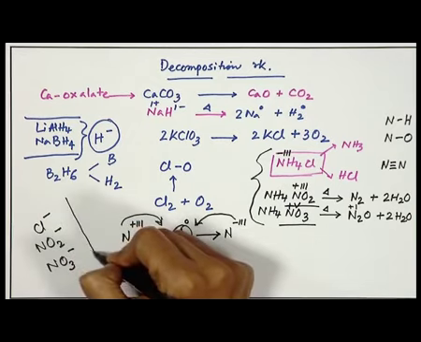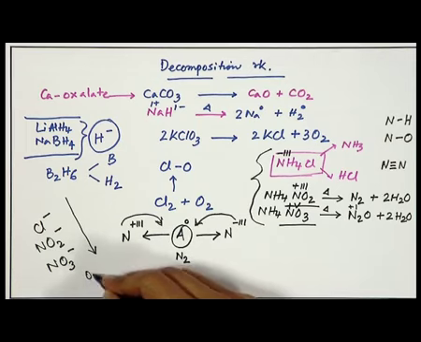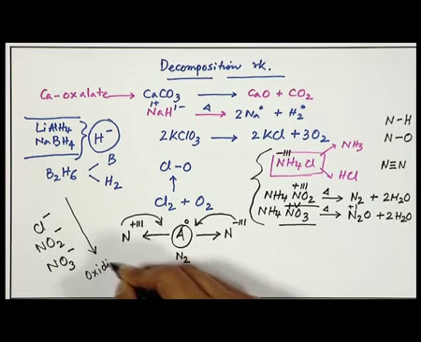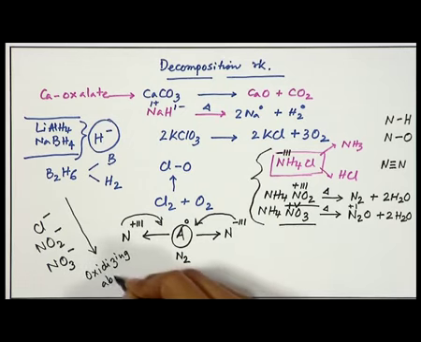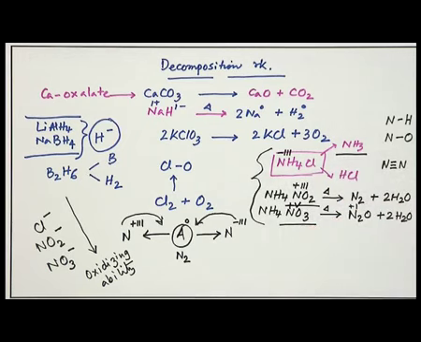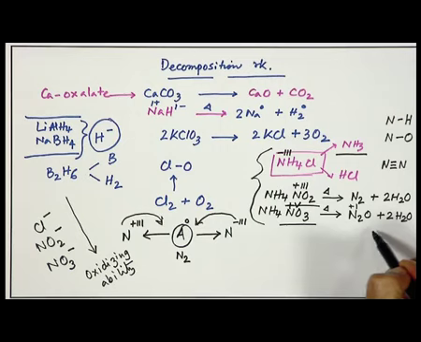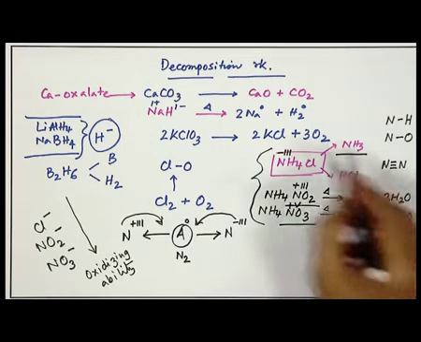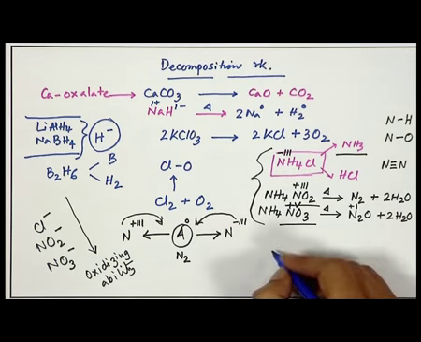How good they are as oxidizing anions, this oxidizing ability is increasing. That is why we are getting these different products. That means we get ammonia in one case, nitrogen in another case, and N2O in another case.